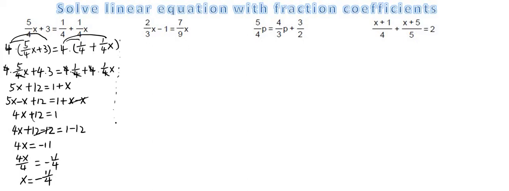Now let's take a look at the second example. For the second example, we can see the denominators are 3 and 9. That means we need to find the least common multiple. After we find it, we let both sides times the least common multiple. So how to find the least common multiple? Here is 3 and 9. We're gonna use the factoring method.